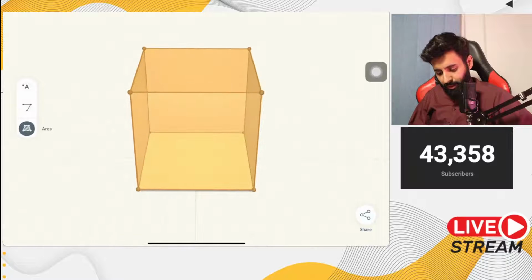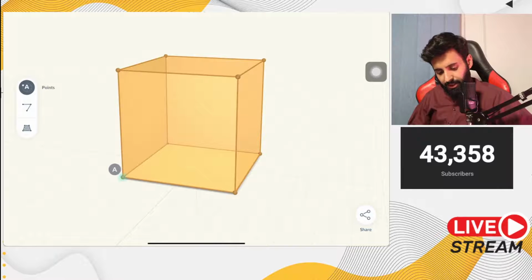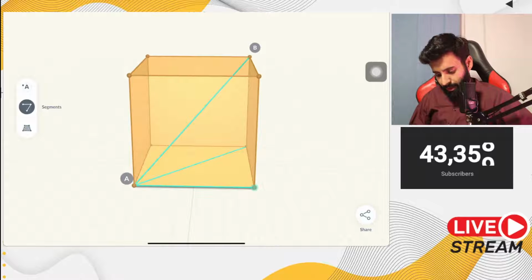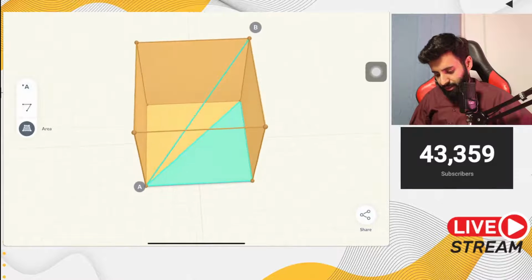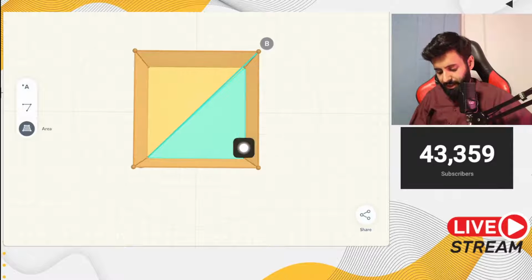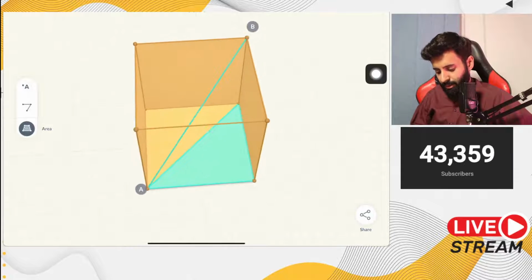So the diagonal of the cuboid is basically this length AB over here. We can first find out this length by using the triangle which I'm now highlighting. This is going to be a 90 degree triangle, as you can see. So we do base square plus this length squared inside the square root, which will give you the diagonal of the base.